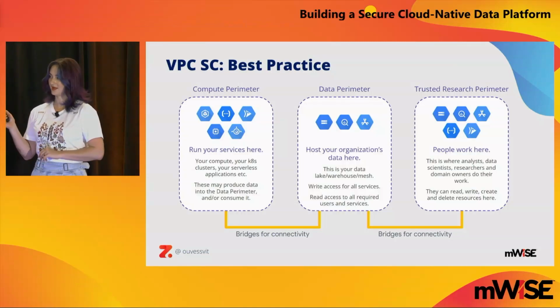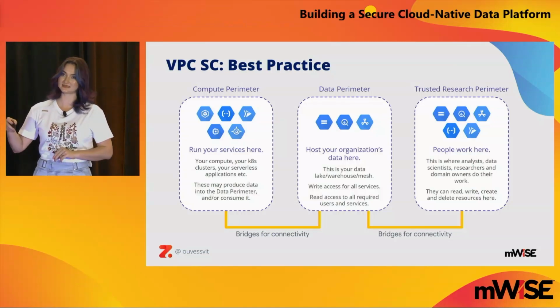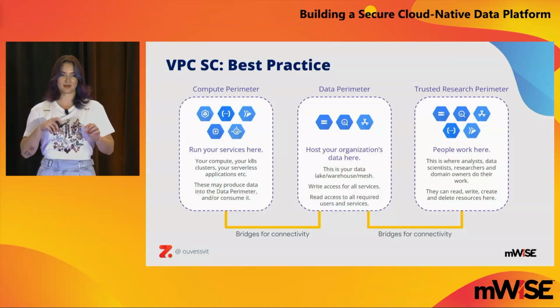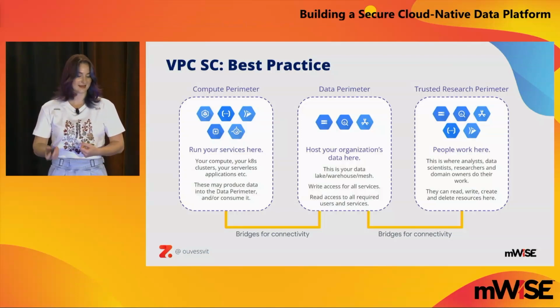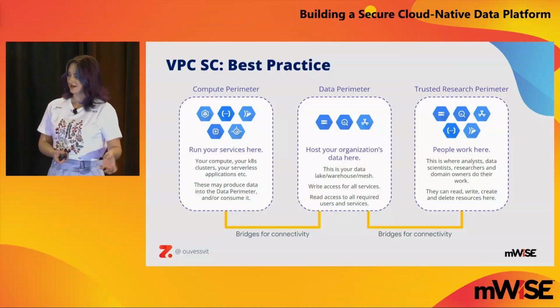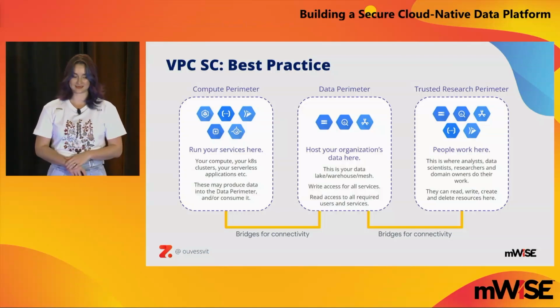For example, health data in the US, only people that are physically on the US soil can legally access health data. So this allows you to make sure that only requests that are coming from the US are able to access your data.